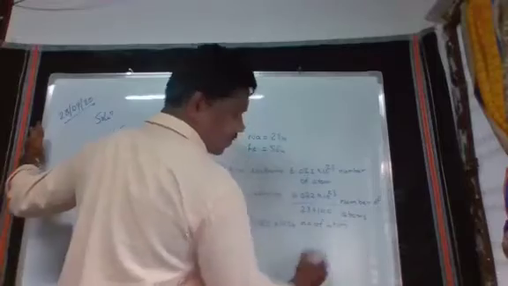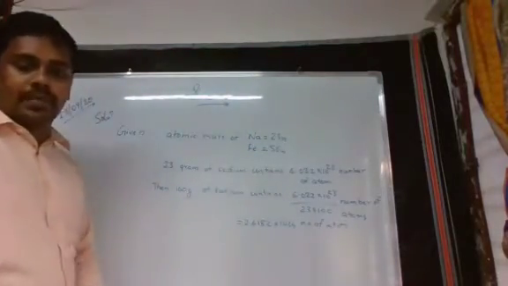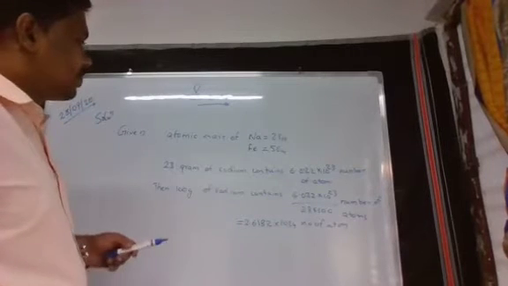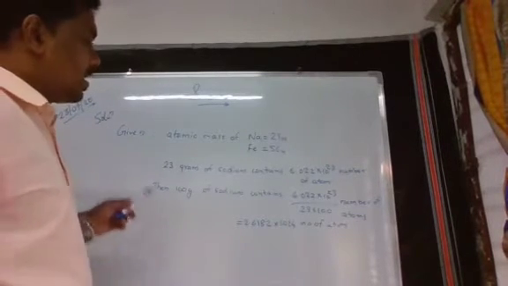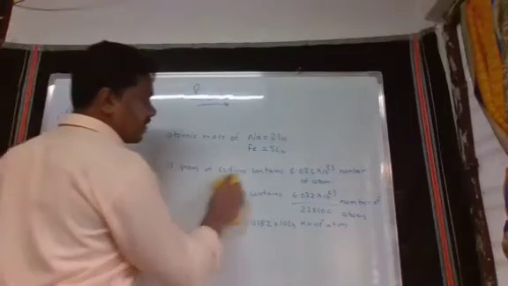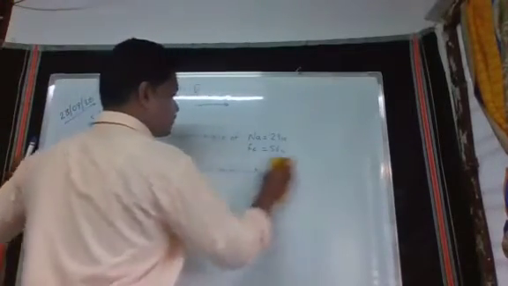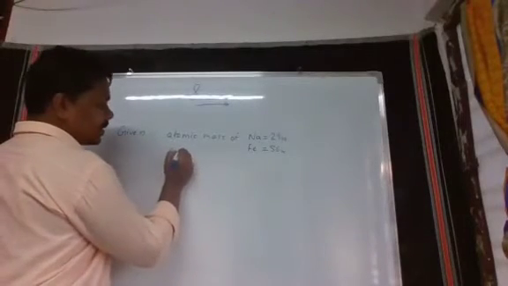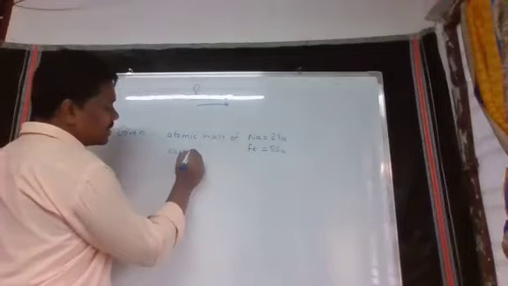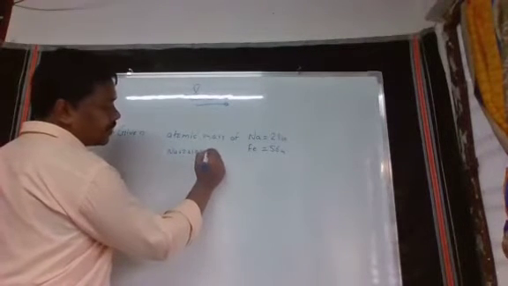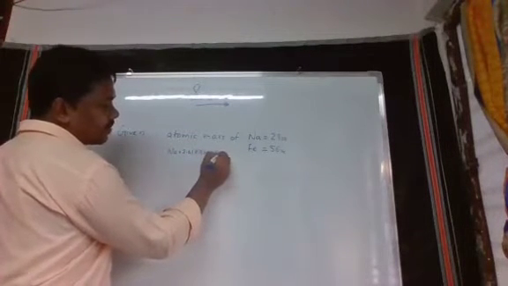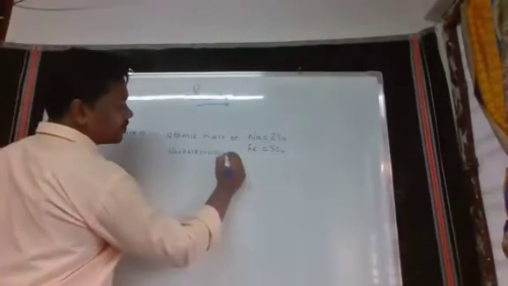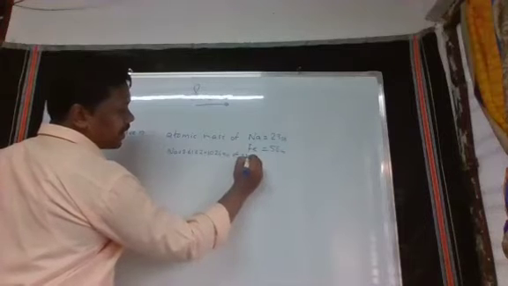Now let us check in the case of iron. Here we got that sodium has 2.6182 into 10 raised to 24 atoms. And in the case of iron we are checking now.